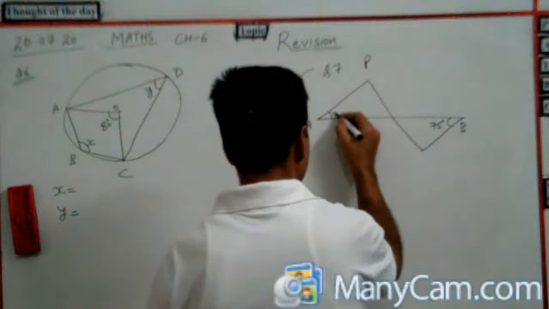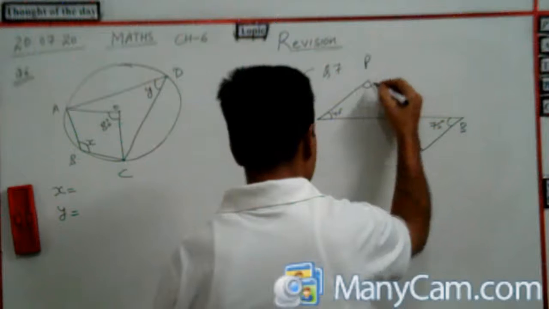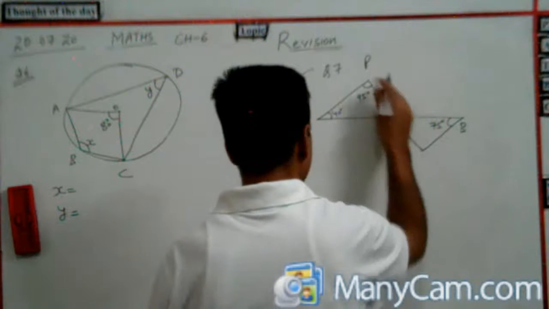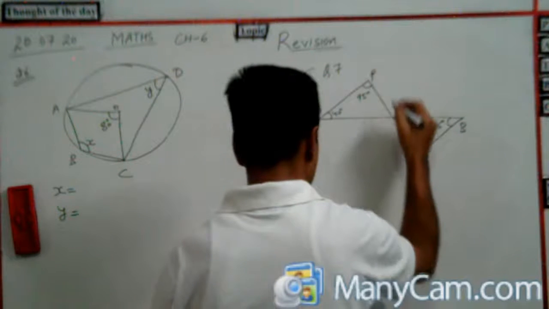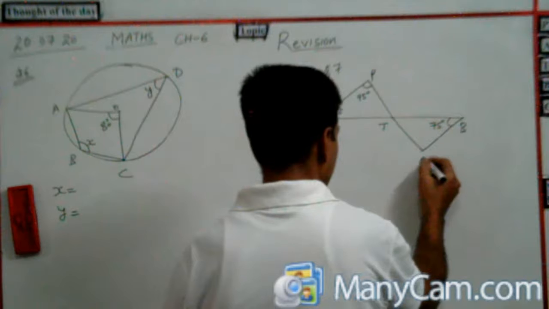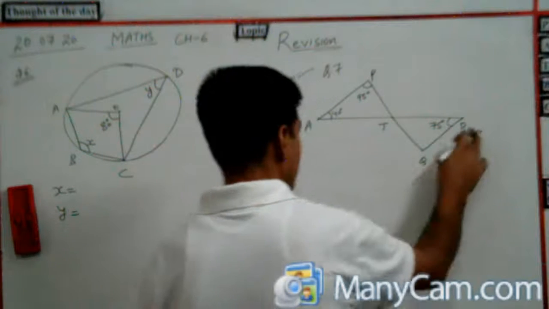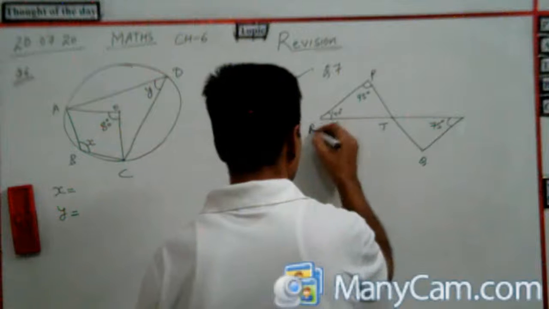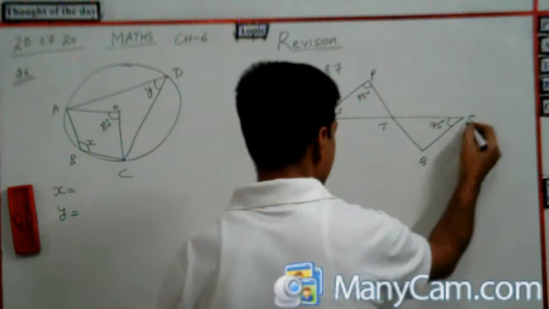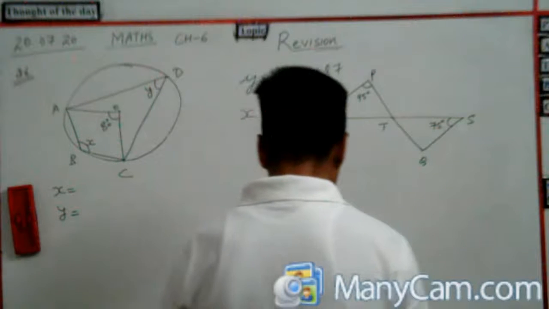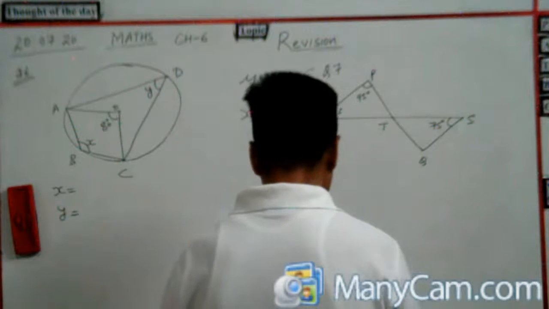This is 40 degrees. This is 95. And here this point is T, Q, and this point is R, S here, right?